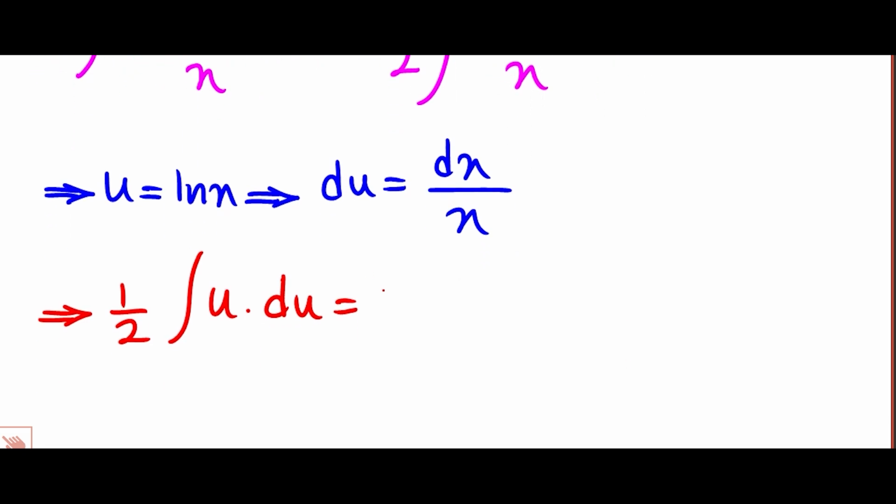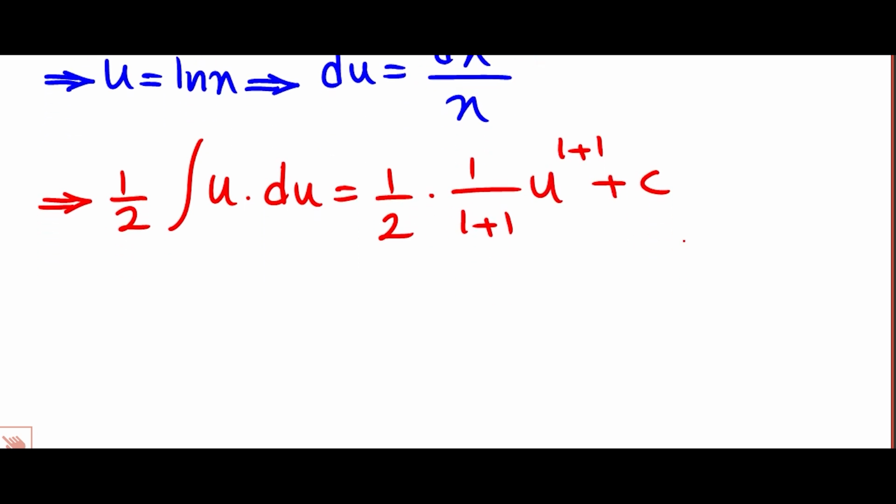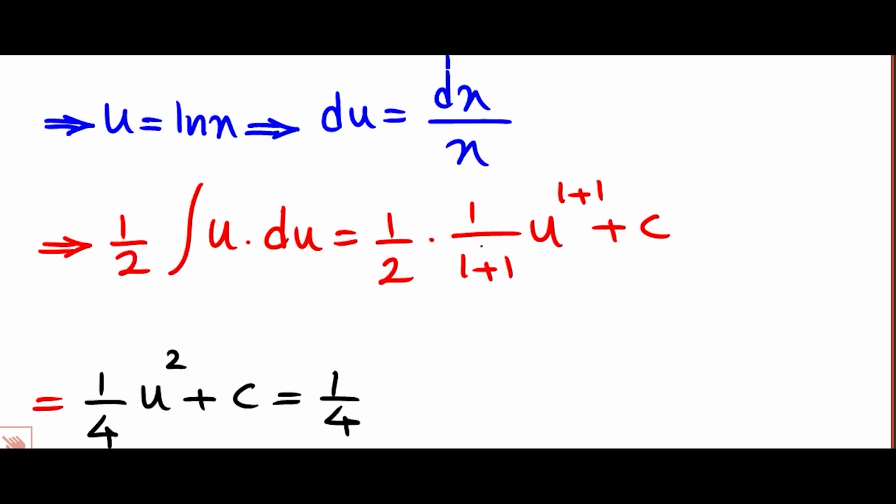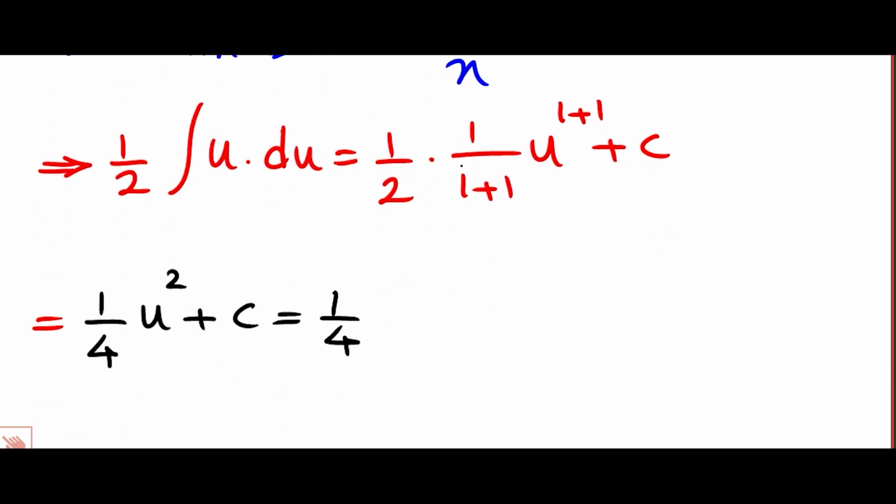If we use the power rule, we have 1/2 times 1 over 1 plus 1 u to the power of 1 plus 1 plus c, right? So 1/2 times 1/2 is 1 over 4 u squared plus c, and as you know, u is ln of x, so 1/4 ln of x squared plus c.